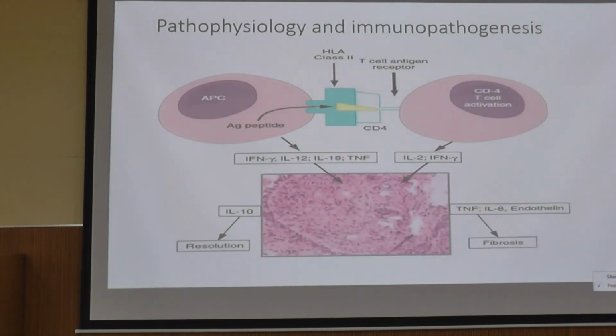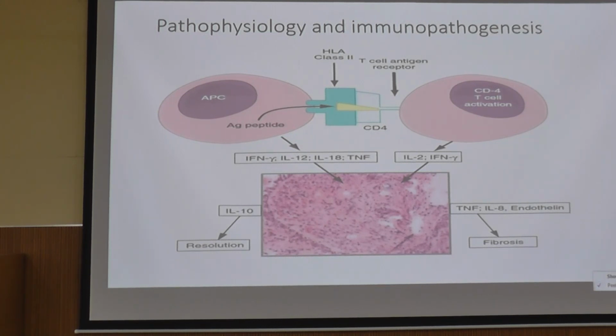So what is the pathophysiology and immunopathogenesis? The antigen presenting cell, with the help of the CD4 helper T cell, presents an antigen, and we don't know which antigen it is. The antigen is presented to the CD4 helper T cell, and then they secrete cytokines.